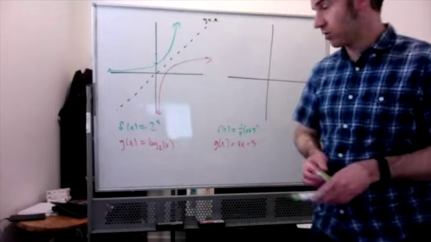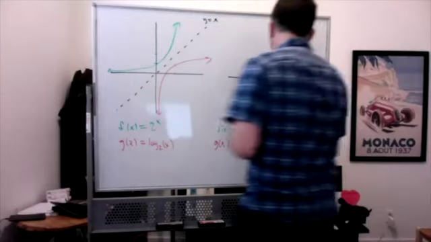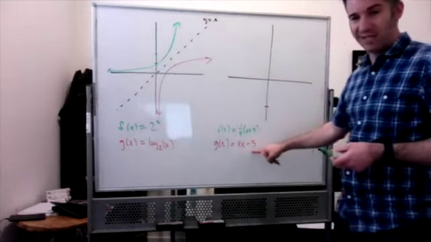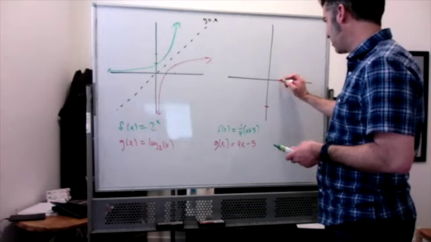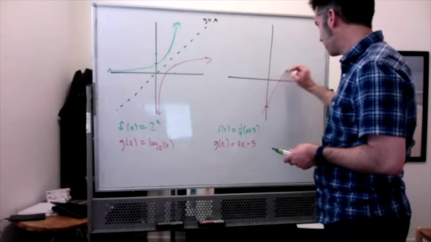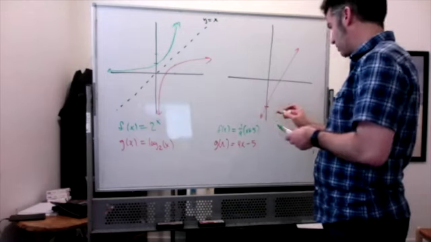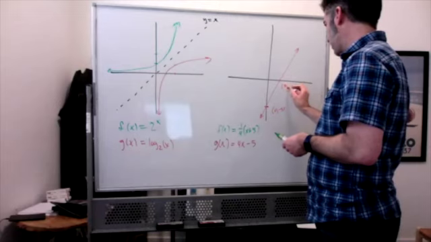So I'm going to graph these real quick. g of x has a y-intercept of -5, and an x-intercept, if I set this equal to 0, of positive 5/4, which is not very big, so I'll just draw it like that. So that's (0, -5), and that's (5/4, 0).